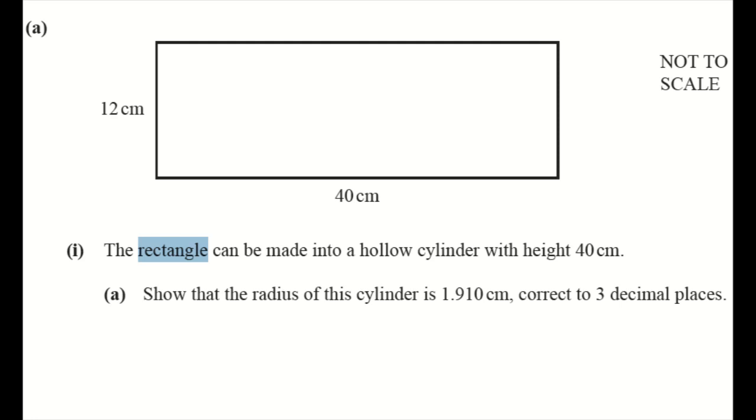Before I explain in detail how to solve this question, part B says to calculate the volume of the cylinder. In other words, we need to make sure that we know the radius of the cylinder is 1.910 centimeter before we proceed to find the volume of the cylinder.